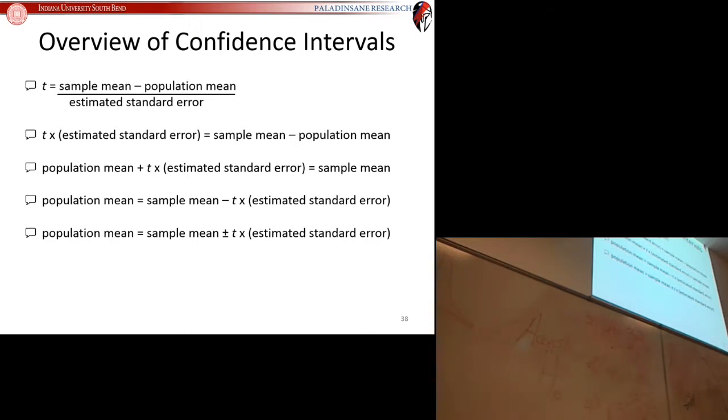Your population mean equals your sample mean, that's your best guess, that's the center of your interval, plus or minus t-statistic, which determines how wide your body is, multiplied by your estimated standard error. That's your plus or minus, those are the intervals, those are your arms.